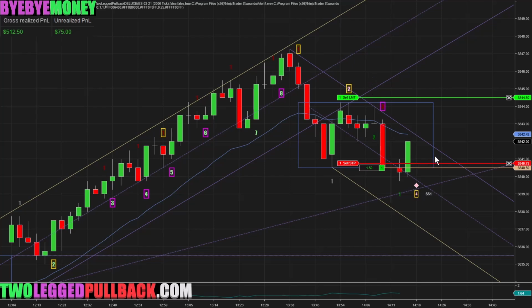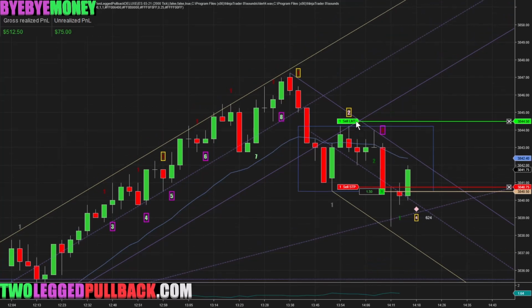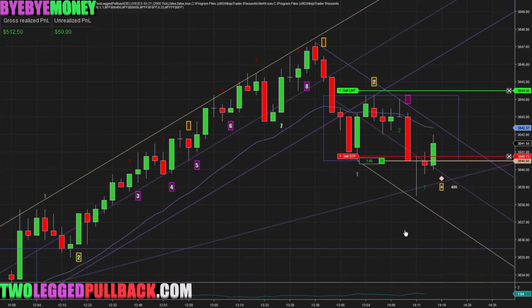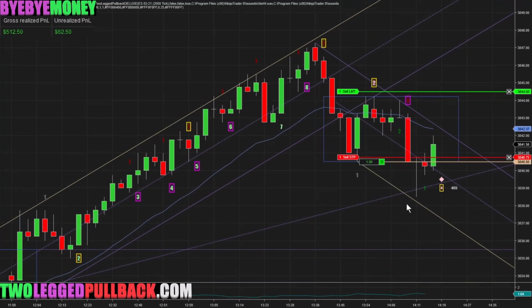Not sure how high this runner will go, but thinking 2 times this bar's range will be my target.